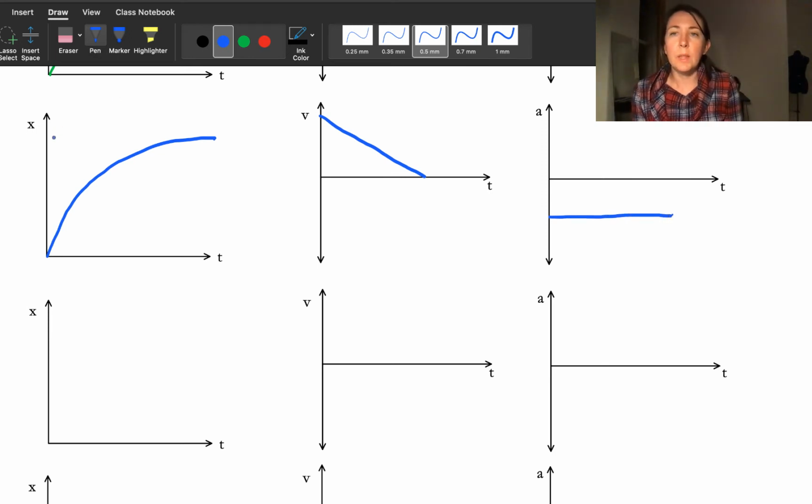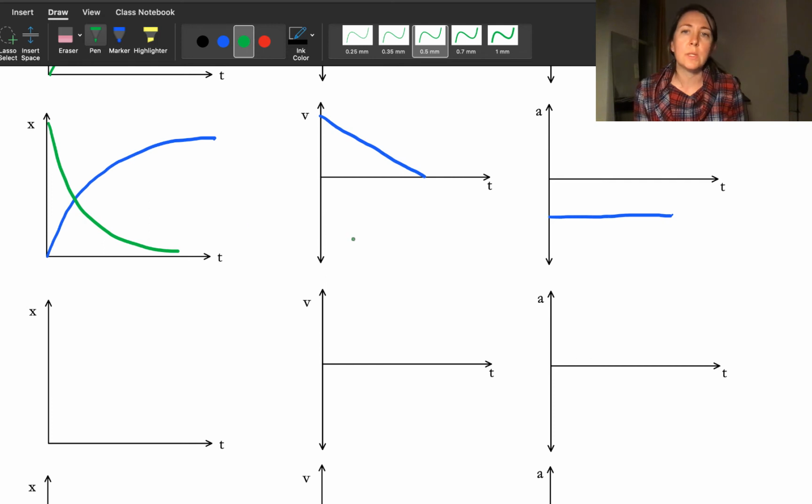If you had the same idea of an object that was slowing down to a stop, but traveling in the opposite direction, so starting off over here and traveling this way, this object's position versus time graph would look like this. He's starting off with a big negative slope, and that big negative slope is trending towards 0 over time.